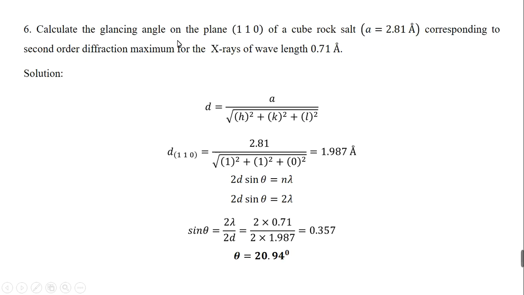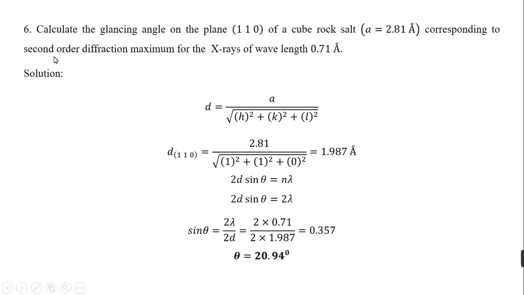Is to calculate the glancing angle on the plane 110 of cubic rock salt, whose a value is given here as 2.81 angstrom, corresponding to the second order diffraction.